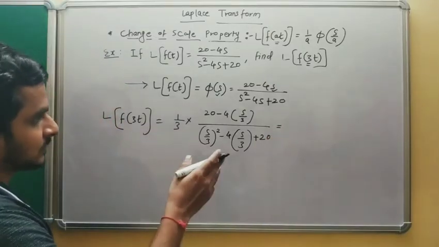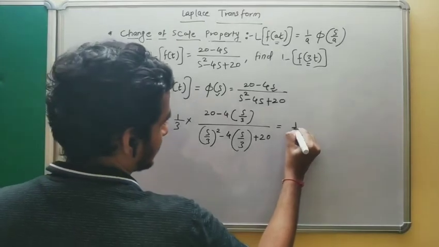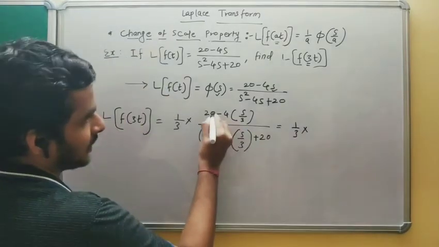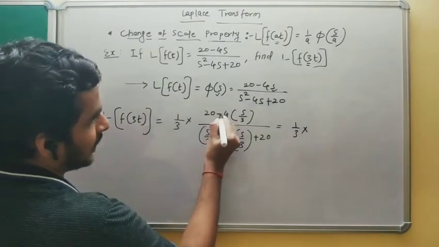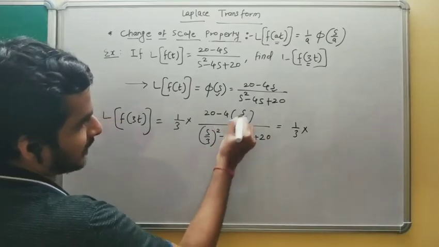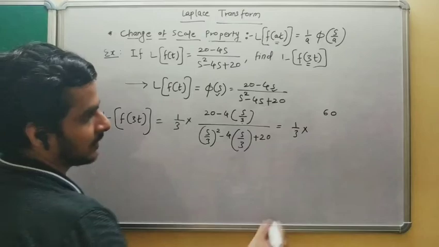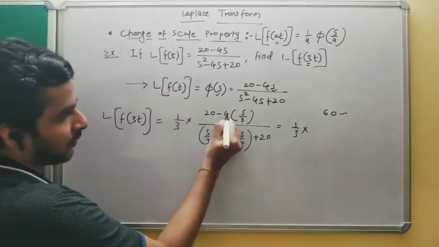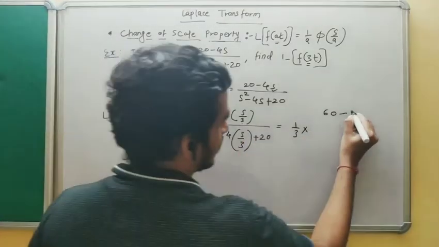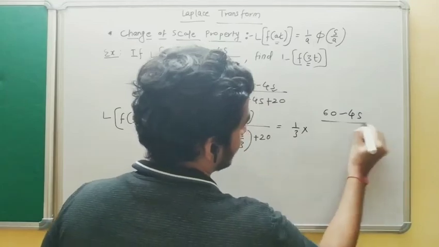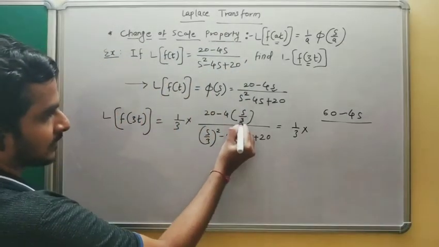Now let's solve the bracket by cross multiplication. So this will become 20 into 3. By cross multiplication it will become 60 minus 4s into 1, we will write as it is upon 3.